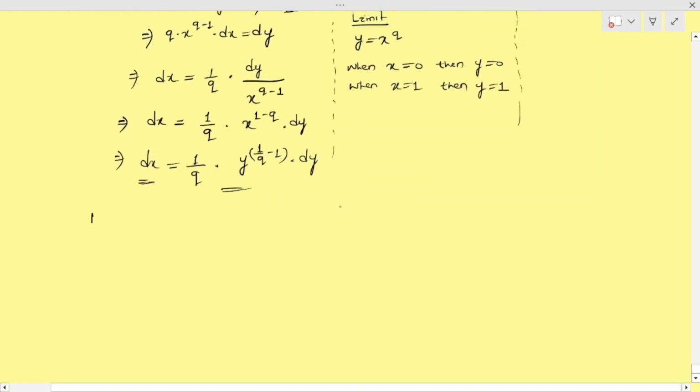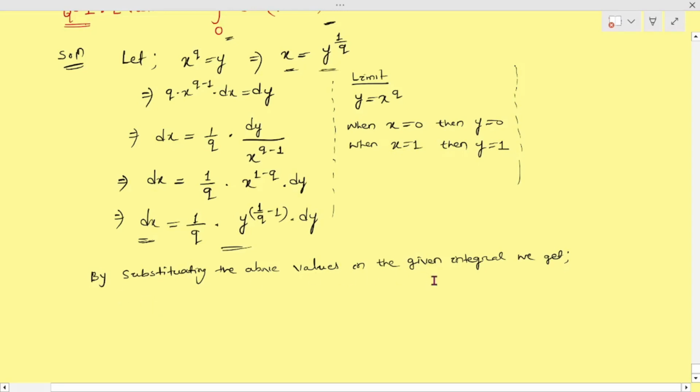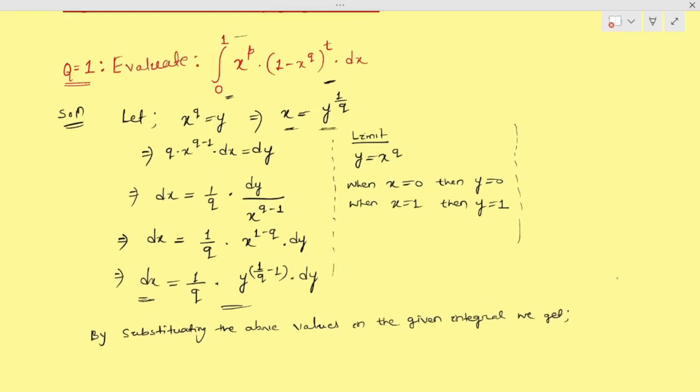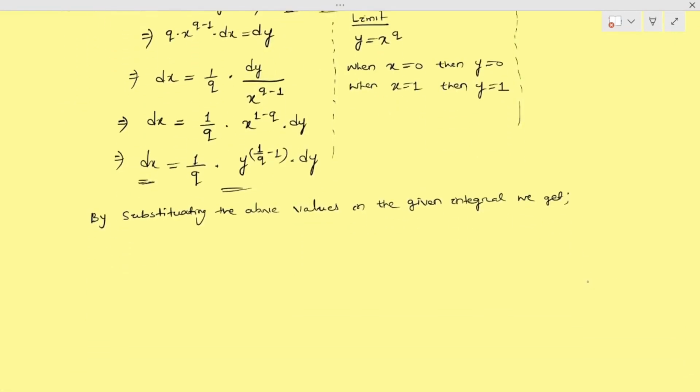By substituting the above values in the given integral, we get the limit is not going to be changed. The limit will be 0 to 1.